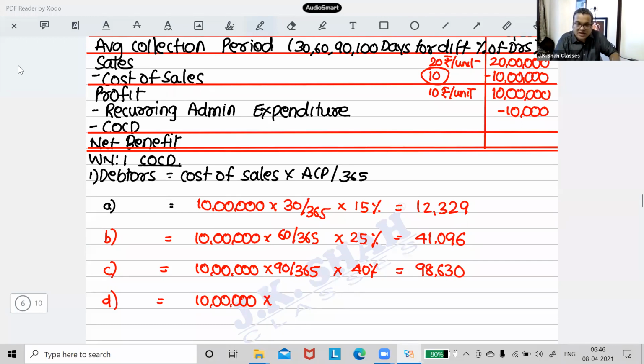And then the last credit period of 100 days. Only to the 20% of the total debtors. So 10 lakhs, 20% will be 2 lakhs. So it's like 2 lakh debtors. You offer 100 days.